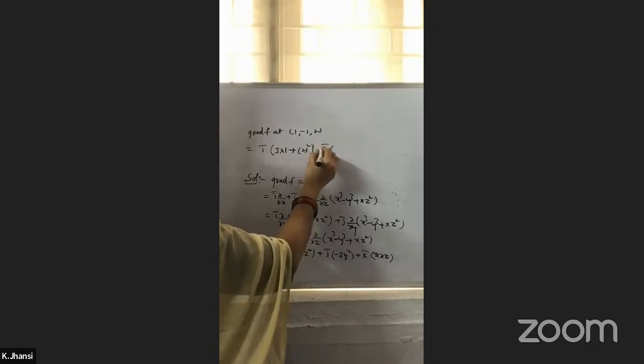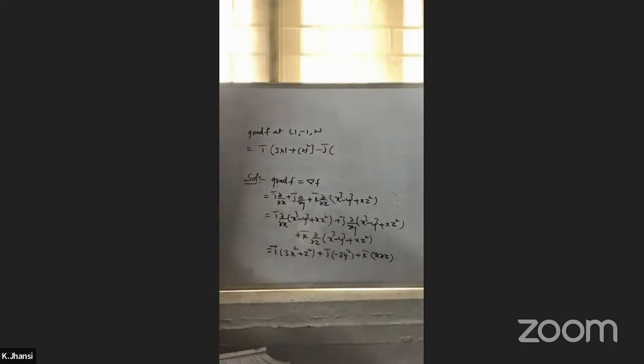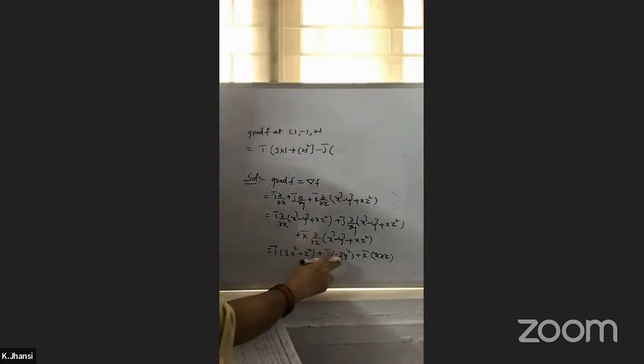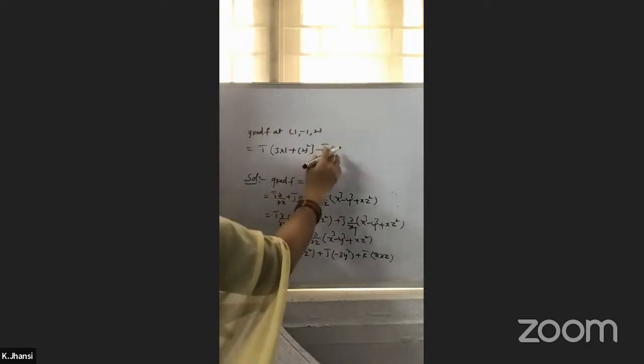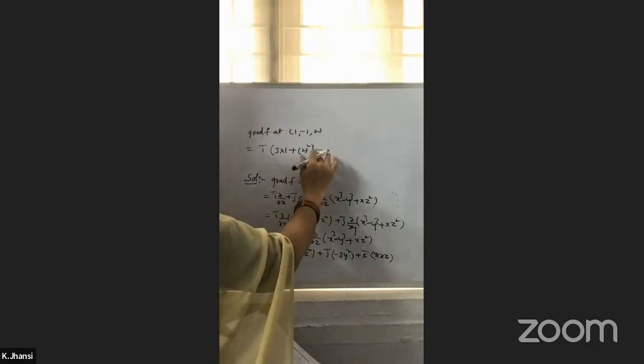Okay, you can take the minus here. 3 into y square, 3 into y square means minus 1 square. So minus 1 square means it will be 1 only. So minus 3j you will get.